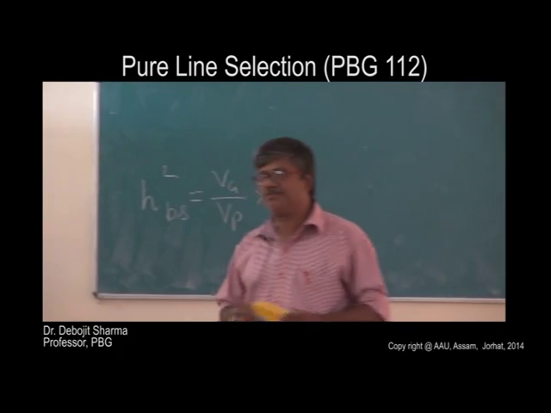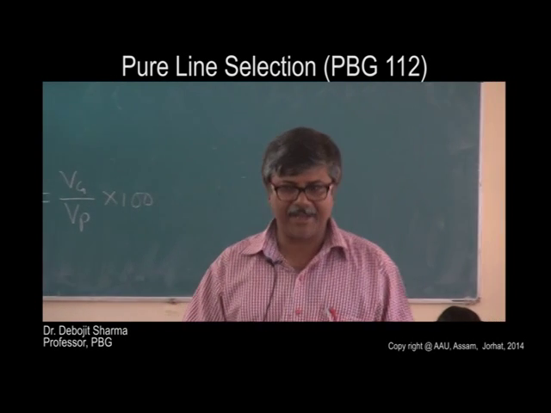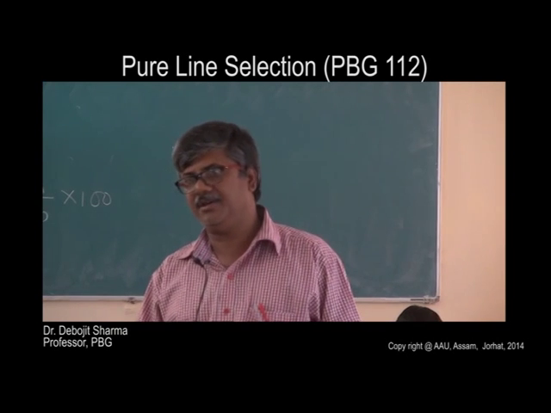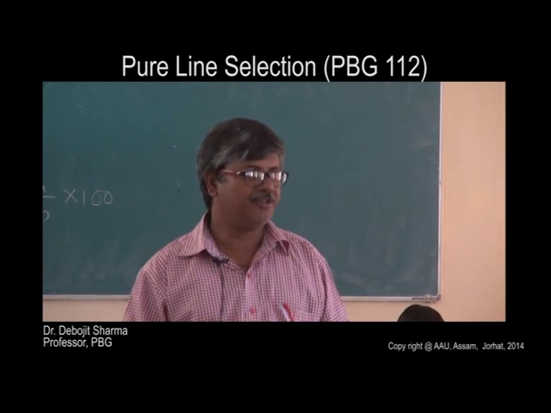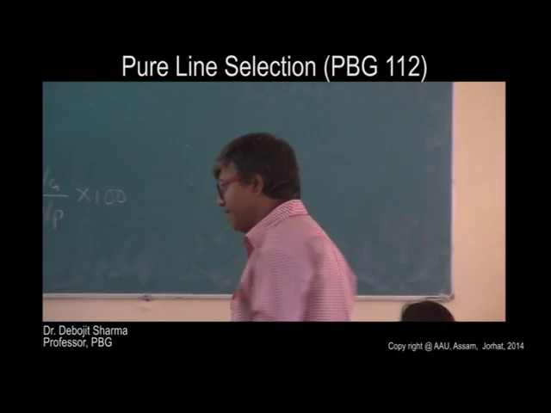So we may be interested to know what will be the advance or gain if we select in a population which is a mixture of homozygotes, or a mixture of pure lines.